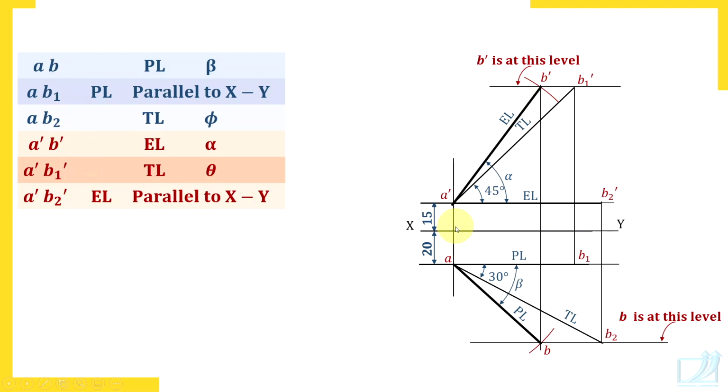Now check here. All the three front views, A dash B dash, A dash B1 dash and A dash B2 dash, are passing through front view of the reference point. Similarly, three top views, AB1, AB2 and AB, all pass through top view of the fixed point.